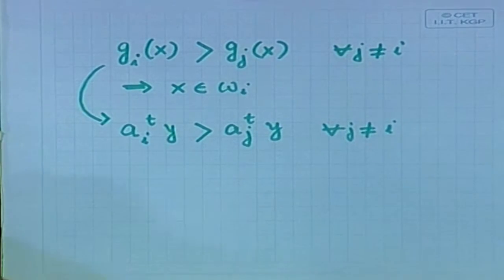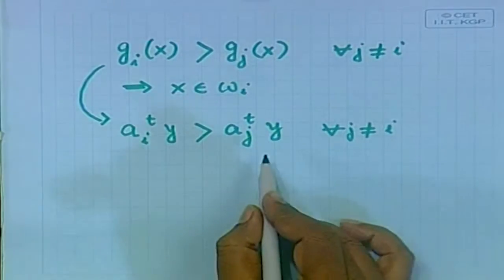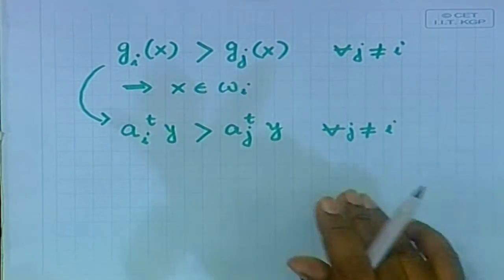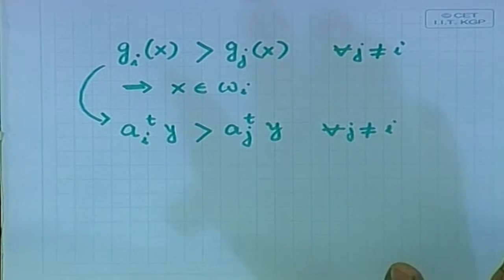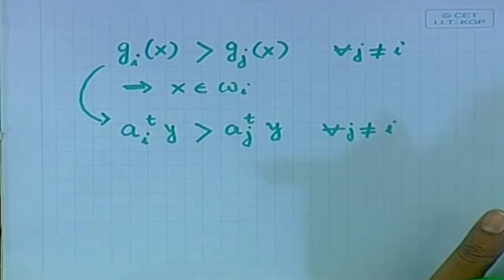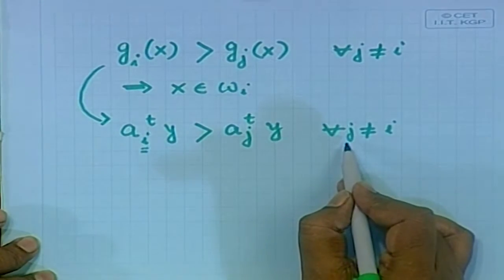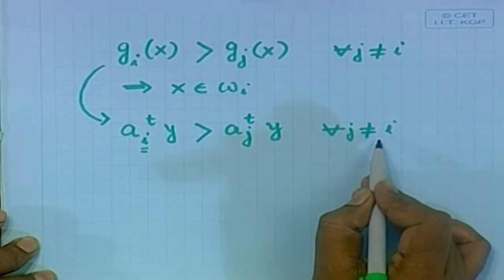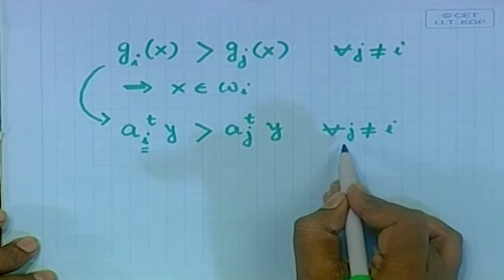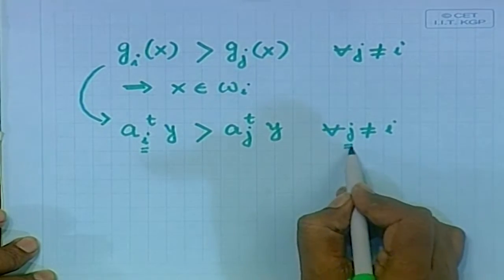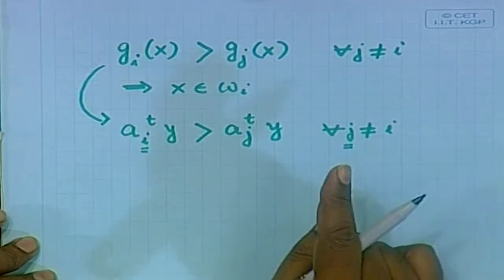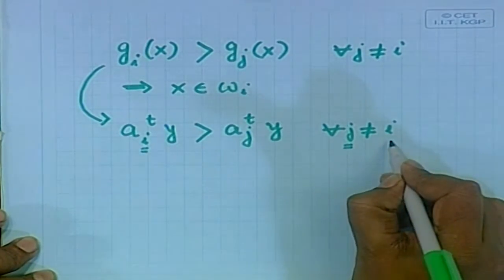So that is the condition that this sample x, or augmented sample y, belongs to class omega_i. And since we have C number of classes, i and j can vary from 1 to C. So for a particular value of i, we have the condition that j is not equal to i. This j will assume every value from 1 to C except i.